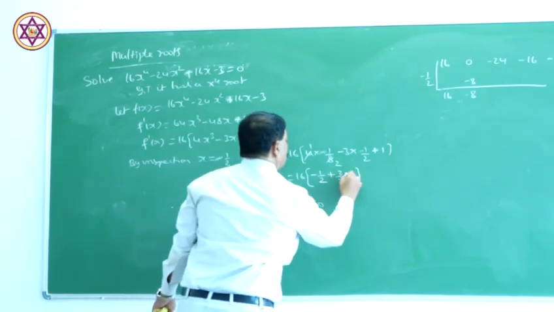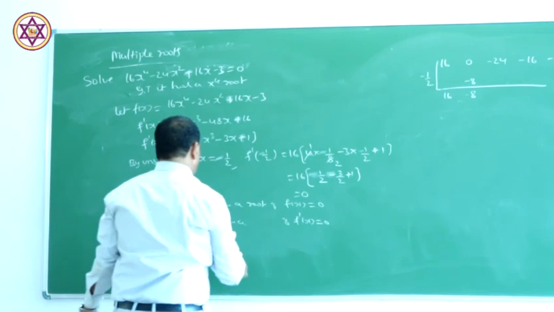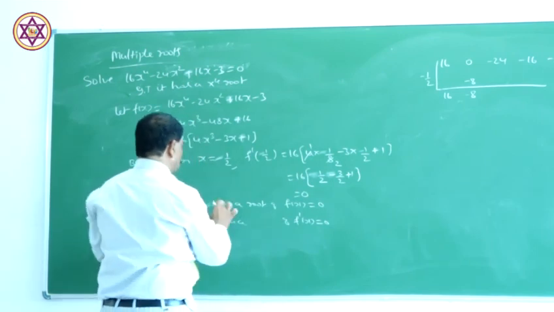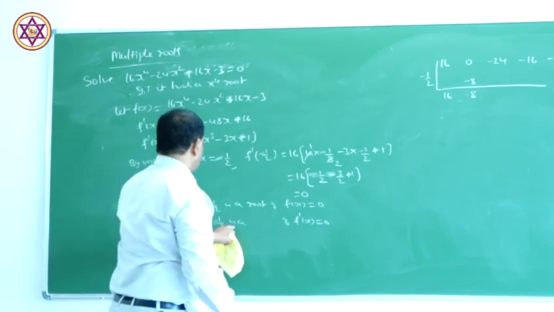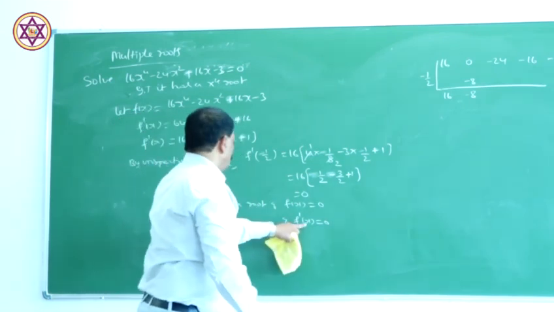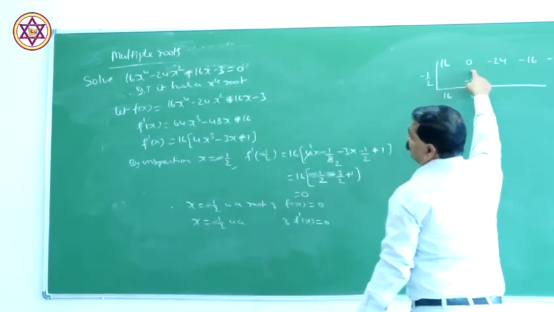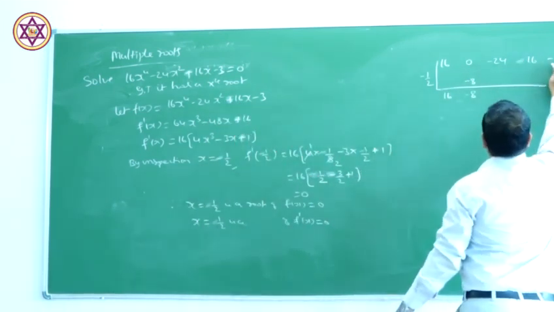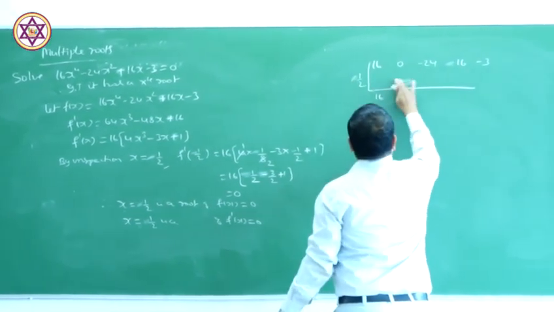So here we get 0. So x is equal to half is a root of f of x is equal to 0, x is equal to half is a double root of f dash of x is equal to 0. We get 16, 0, minus 24, 16, minus 3. So here we get 8.